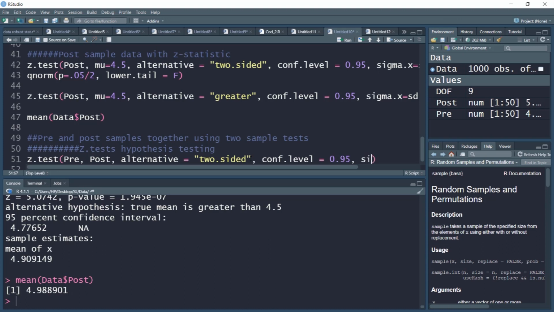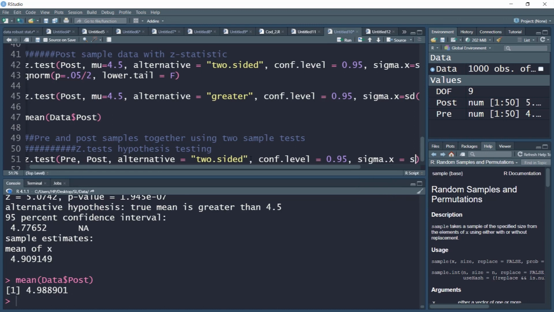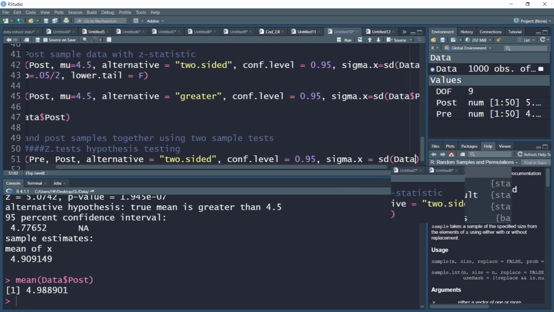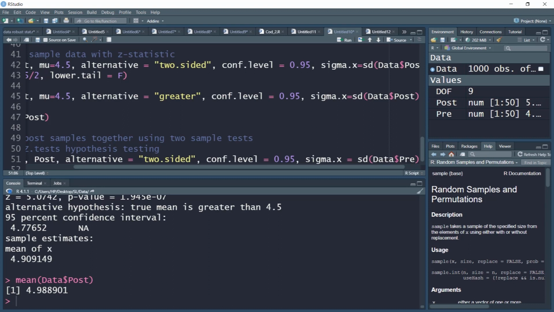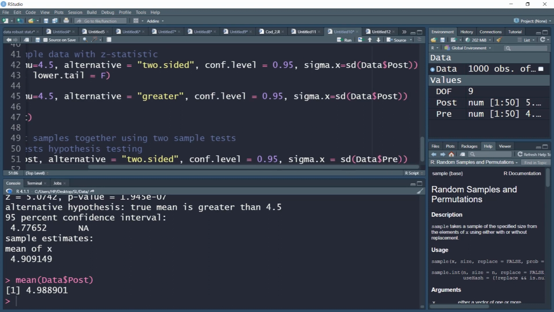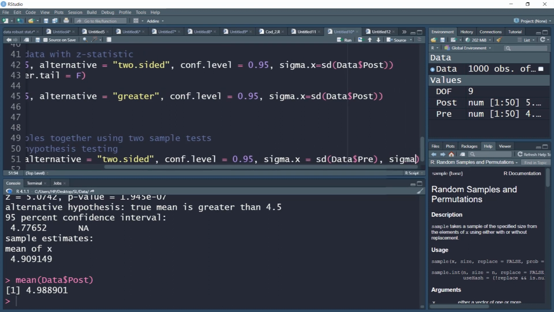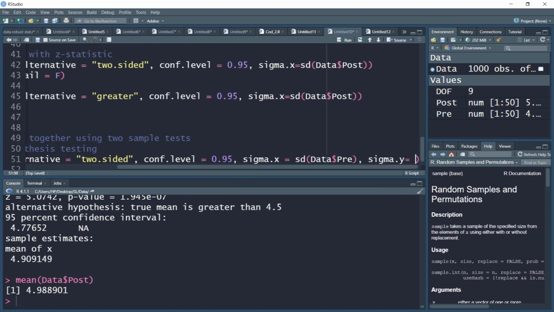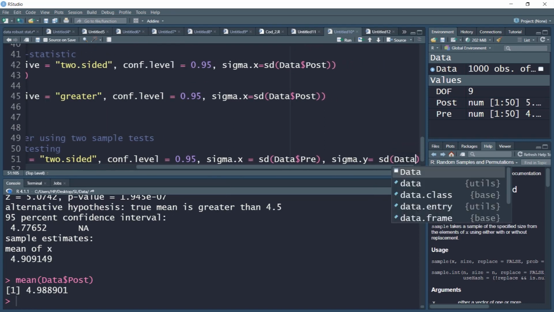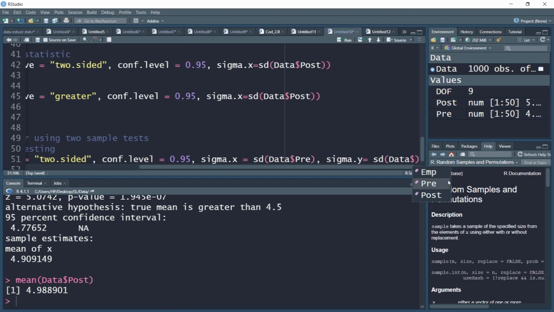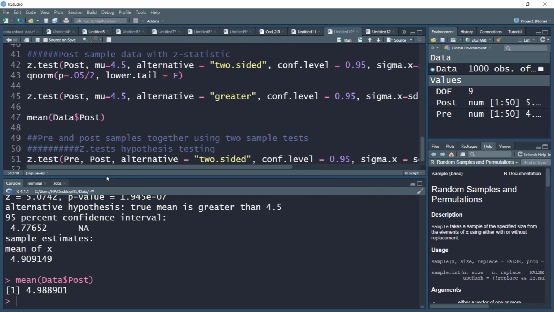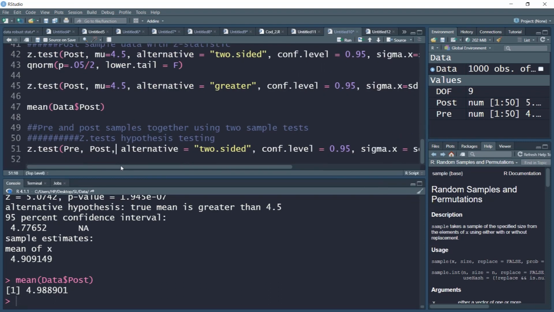We'll supply sigma.x, the population standard deviation of the pre-sample. Then we'll supply sigma.y, the population standard deviation of the post sample.